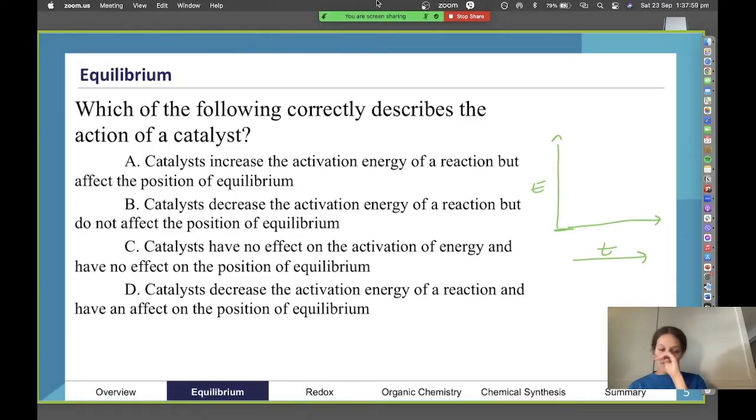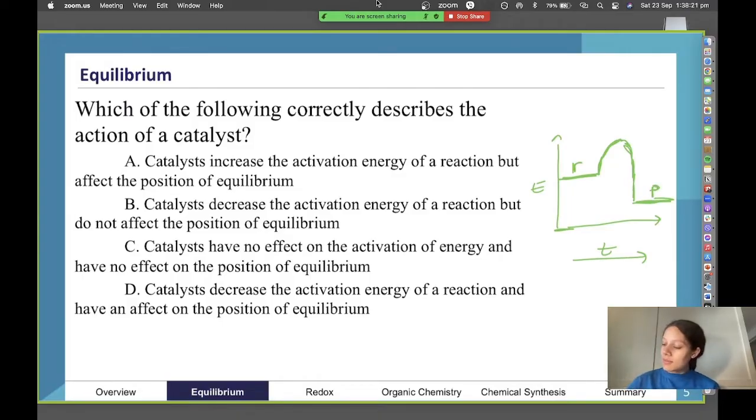So if we're thinking about, for example here, our reactants have a certain amount of energy. Our activation energy is a certain amount of energy that we need to overcome before we can complete the reaction and end up with the amount of energy we need for our products.